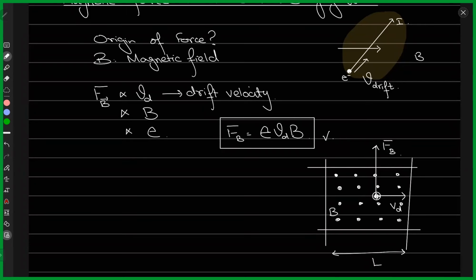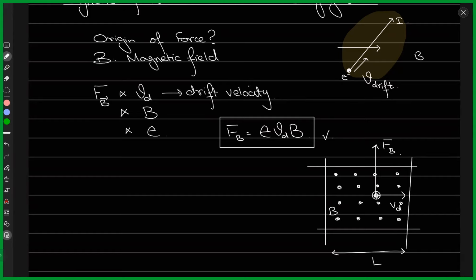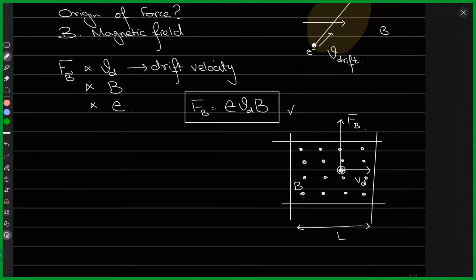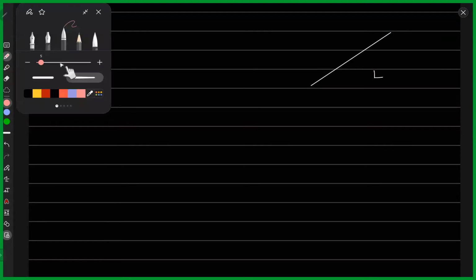So we are not talking about the entire length of wire. Now let's try to understand, if I have a wire of length L, let's go to the next page. Suppose this is a wire that has length L, and one second, what happened?